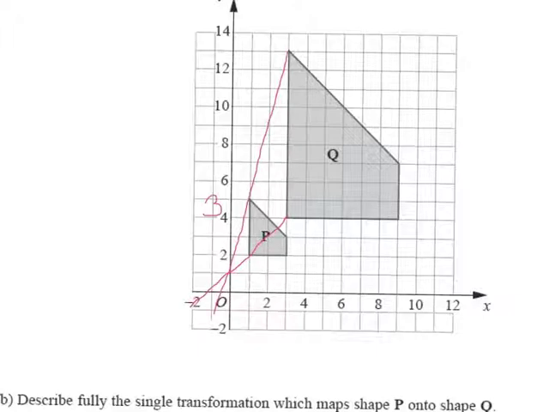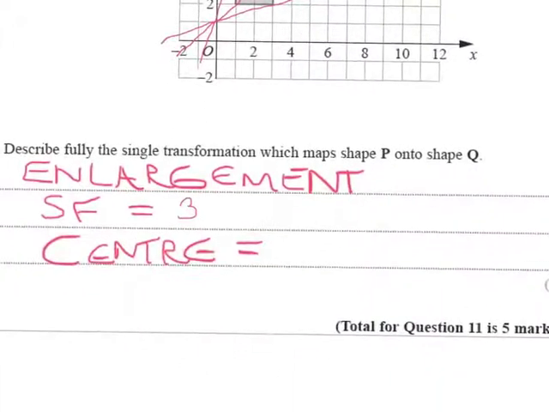And we can start seeing where that centre is going to be, because it's where those lines meet up. Keep going. With a ruler you can be a lot more accurate with this, but we can see straight away that the centre of enlargement is going to be at 0, 1: along the corridor 0, up the stairs 1. So that's going to be 0, 1. And that's your full marks for that question.